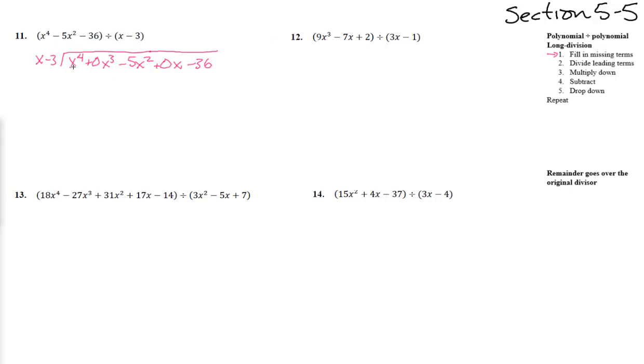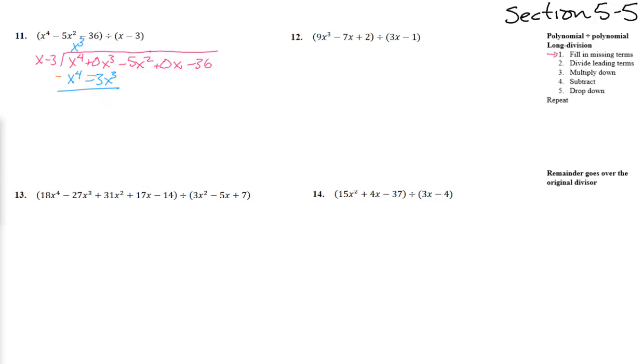The x being divided into the x to the fourth gives us an x cubed. X cubed multiplied by x minus 3 gives us x to the fourth minus 3x cubed. And now we subtract. Let's put that in a different color to make sure we've subtracted correctly, and that term is gone. 0 minus a minus 3x cubed is 3x cubed.